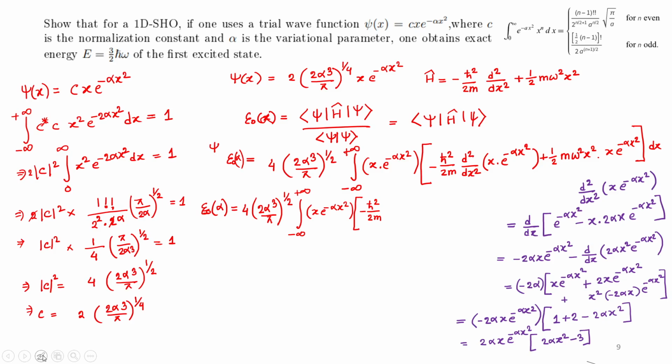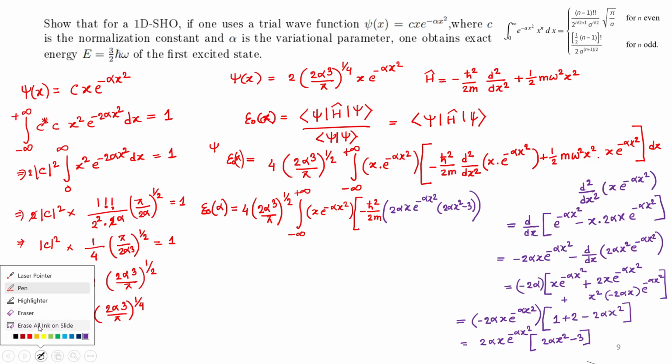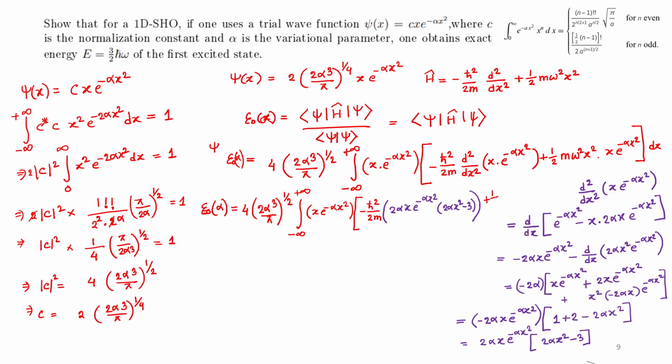Now I have my double differentiation value 2 alpha h into the power by square. So it's 2 alpha square plus half m omega square x cube e to the power minus alpha square.